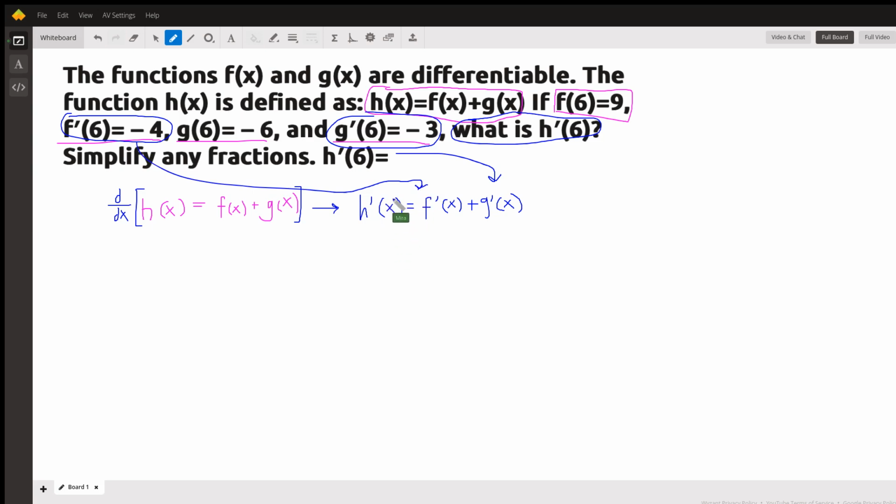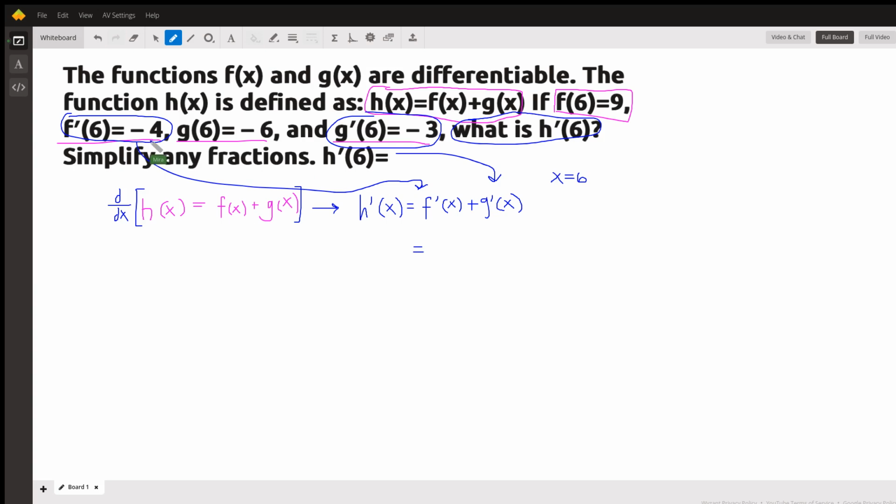Now these x's right here, we could just say when x equals 6, because all of these values are talking about when x equals 6. So h prime of x, what is that when they're asking for h prime of 6? So I'm going to rewrite this, and we're going to input everything that we see here.